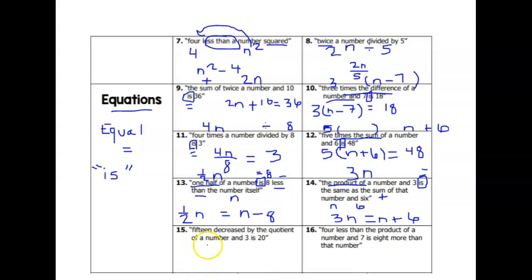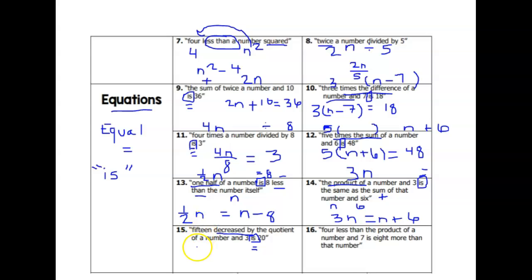The next one, guys, number 15 says 15 decreased by the quotient of a number and 3 is 20. So I know my equal statement is going to go right before the 20, okay? So let's translate the first part of my equation.